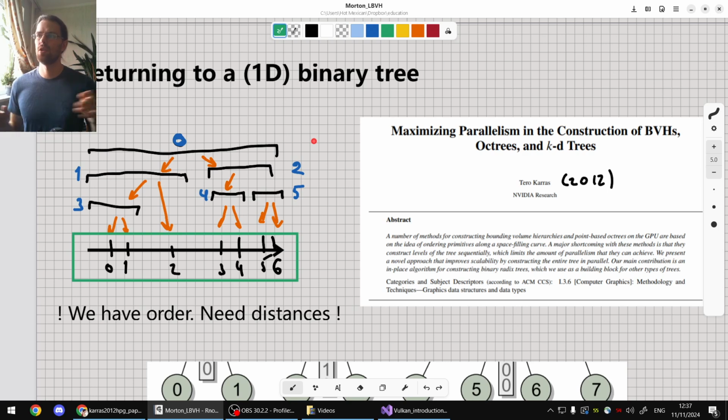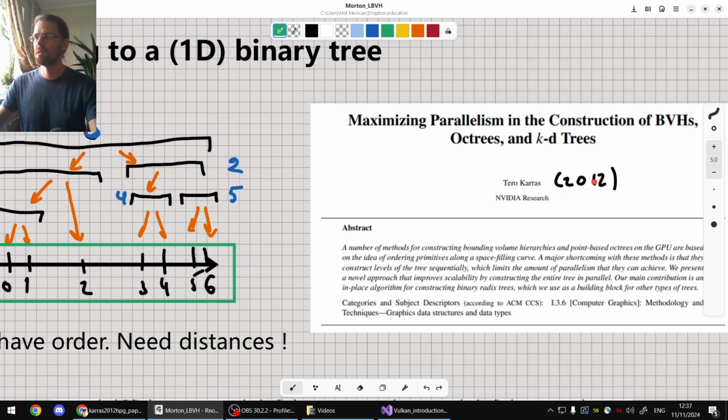The idea of using this Morton encoding and forming a binary tree is exploited in this particular paper, published in 2012, which discusses how to do it in a parallel fashion. It was important for me because I wanted to implement it on a GPU.